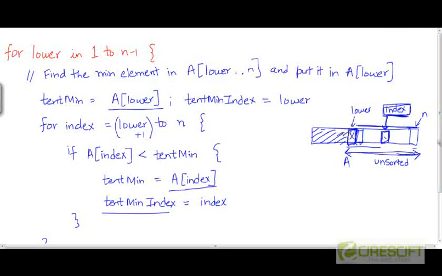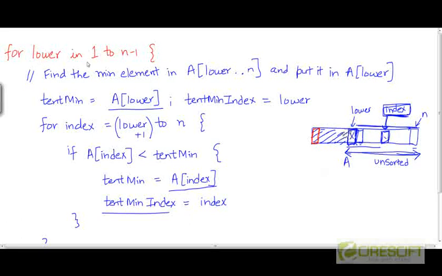So after the ith iteration, we would have extended the length of the sorted portion to a length of I. Right after, when this loop runs for the very first time, at the end of the first iteration, the sorted portion will have a length of 1.